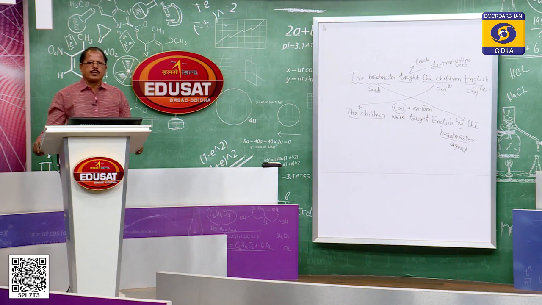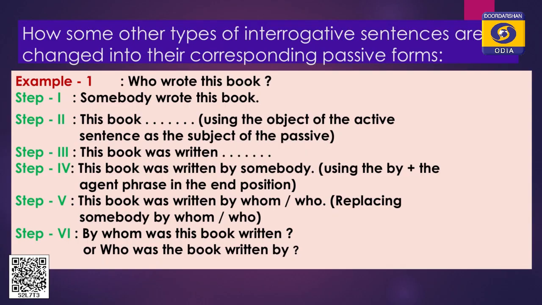So, dear children, now we discussed some important steps which can be followed to make the active sentences into passive sentences, right. Let us discuss some very important steps also. You just see, who wrote this book. Step 1, somebody wrote this book. Who wrote this book means actually the speaker or the writer does not know who wrote this book.